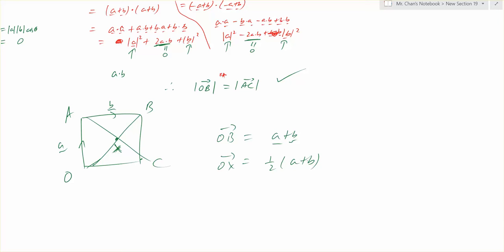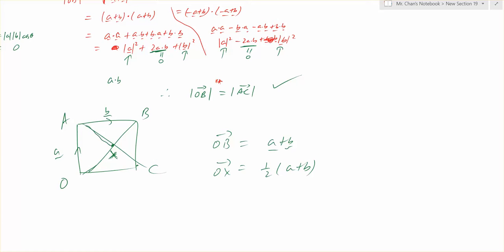Now, we need a relationship to show that X is in the middle, or that it bisects it. So the distance from here to here is the same as the distance from there to there. The way I show this is I want to find what AX is first.